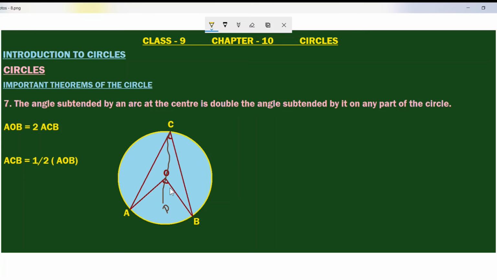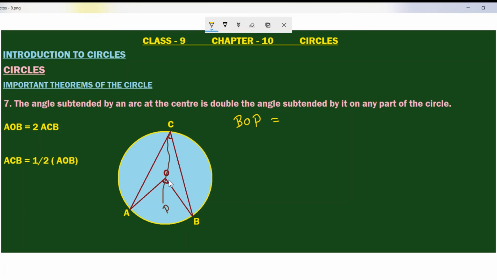We are going to use the exterior angle property of triangle. First we will take in triangle BOC, this exterior angle will be BOP. So BOP. Angle BOP is equivalent to the exterior angle, which would be the sum of opposite interior angles.